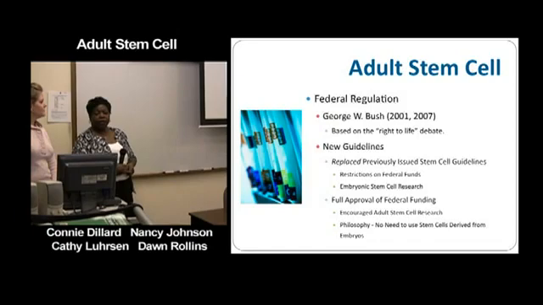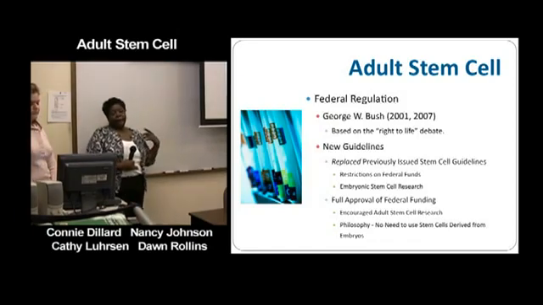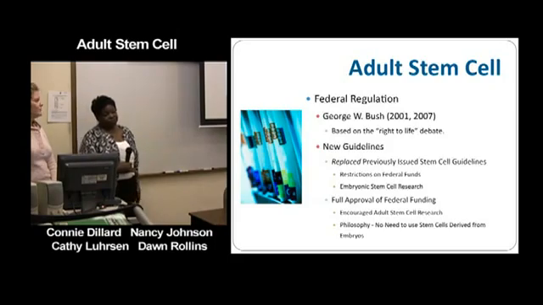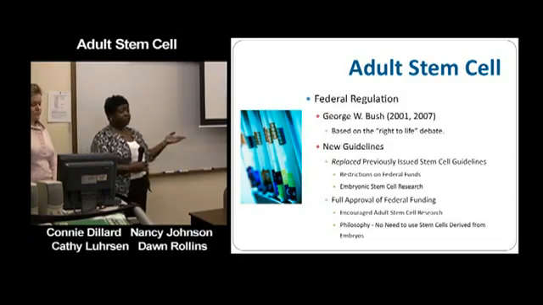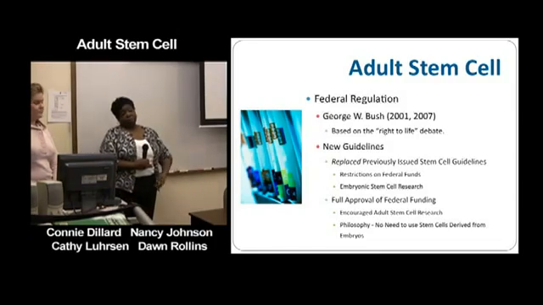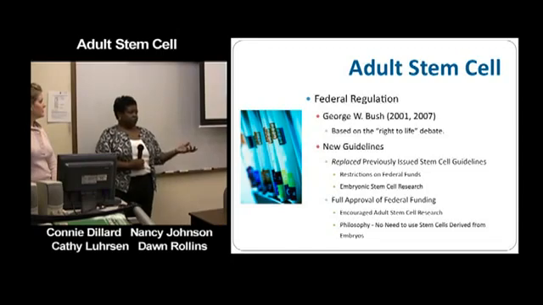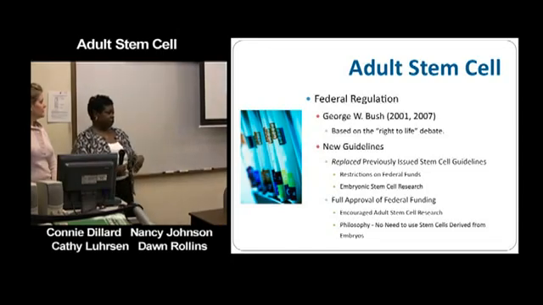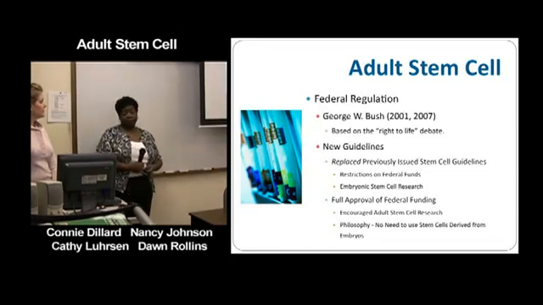And he gave full approval for adult stem cells because that wasn't the issue of destroying an embryo to harvest the cells. His philosophy was there's no need for embryonic or umbilical cord or all these other stem cell research when we have adult stem cell research. That would suffice.